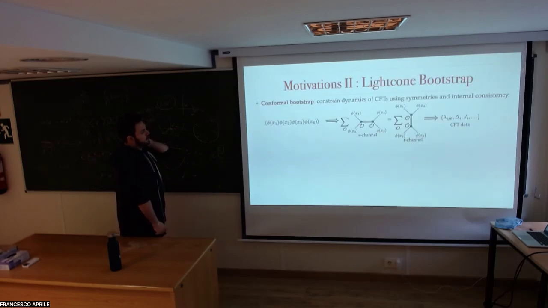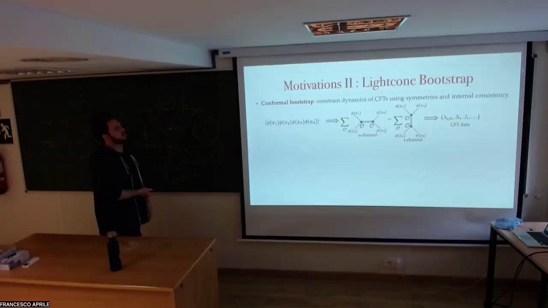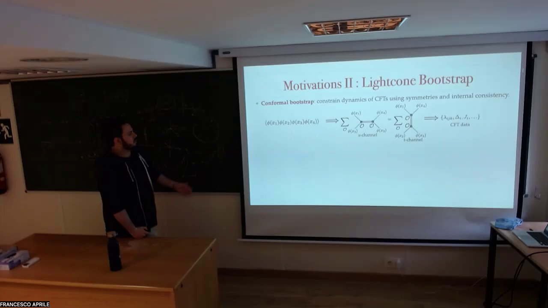So the main idea behind the conformal bootstrap is to constrain the dynamics of a general CFT using just symmetries and internal consistency. To be clear, let me take, for example, the case of a four-point function of four identical scalar operators. This correlation function is not kinematically fixed by conformal invariance, and it can be written in terms of a function of two conformal cross ratios by using the operator product expansion on pairs of these operators.